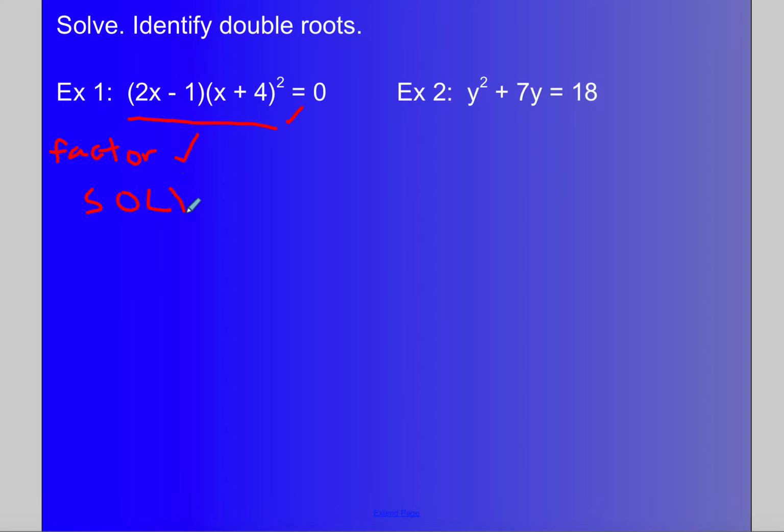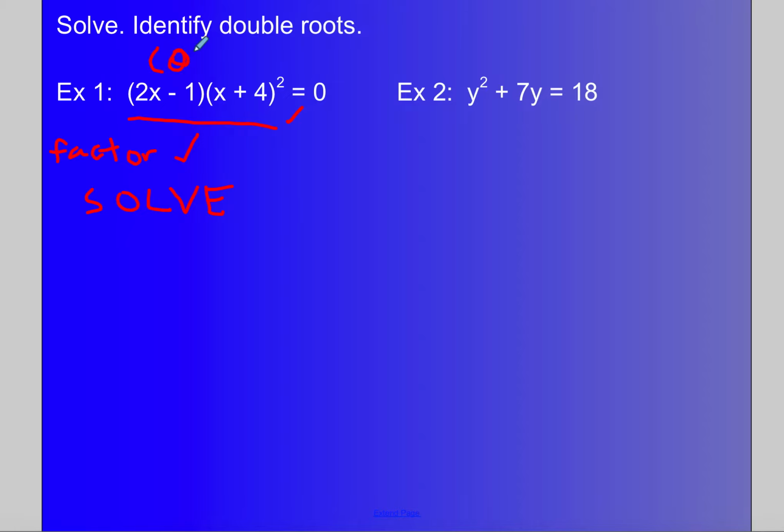How are we going to solve this? Well, now that we have this factored, all we have to do is think about this. If what was inside of this parentheses somehow became 0, like let's just say we inserted 0 into here, then wouldn't that make this whole equation 0?